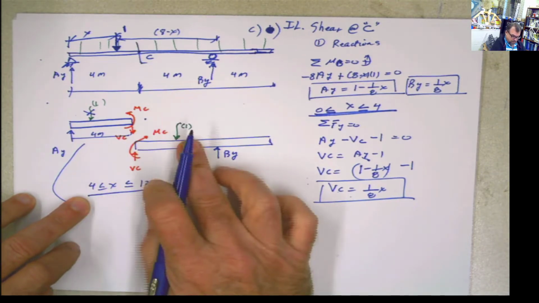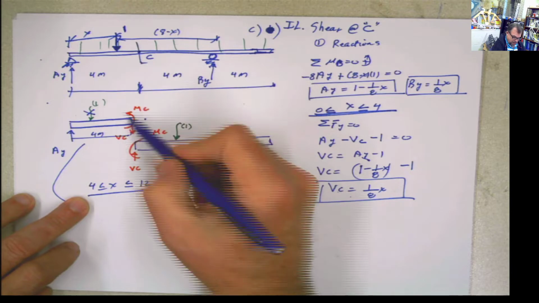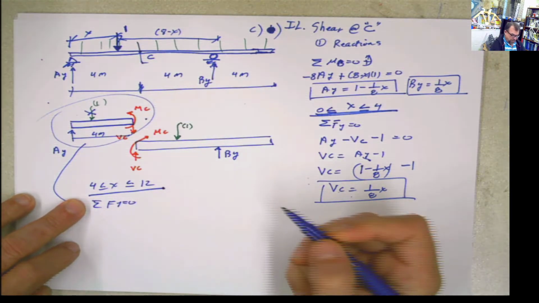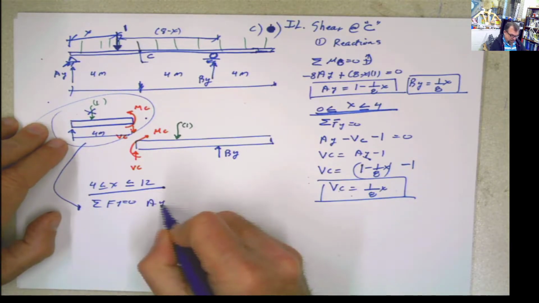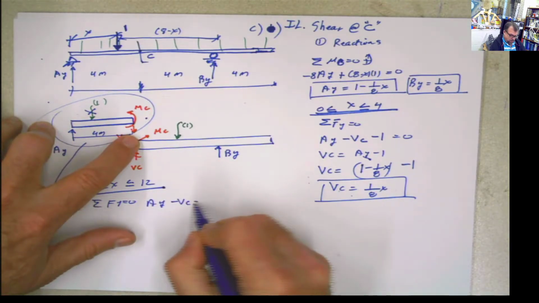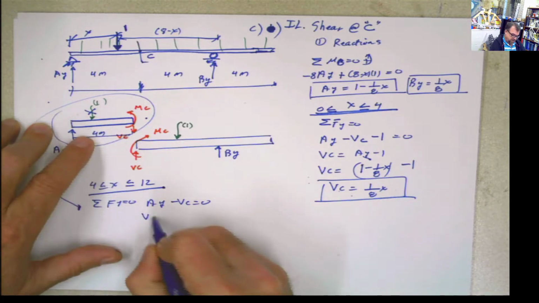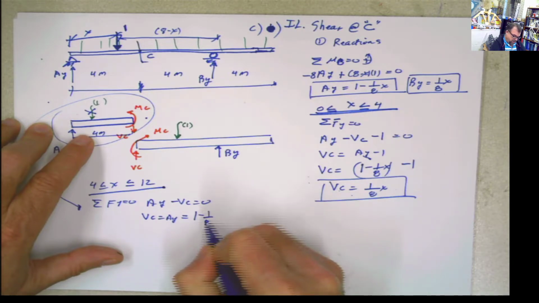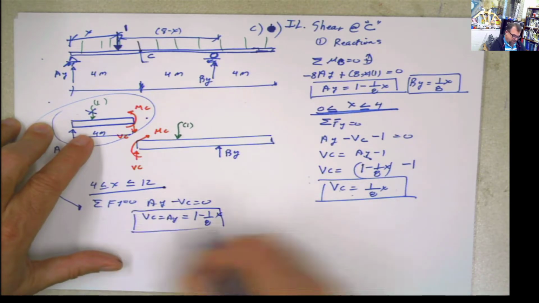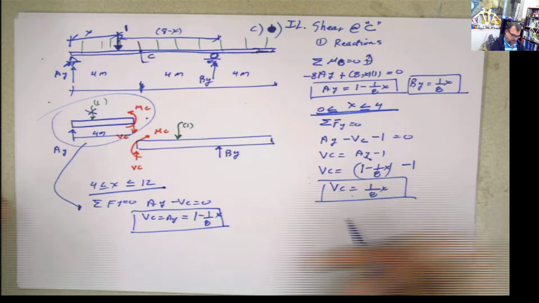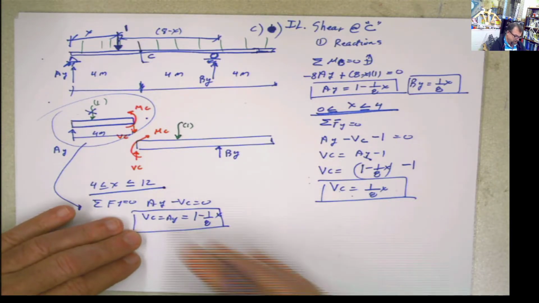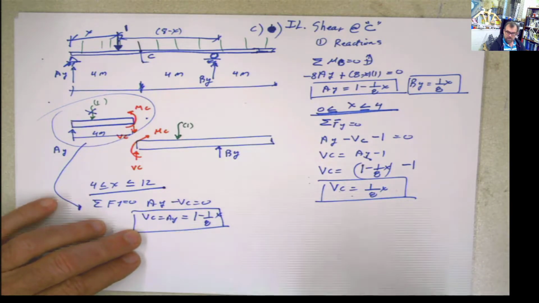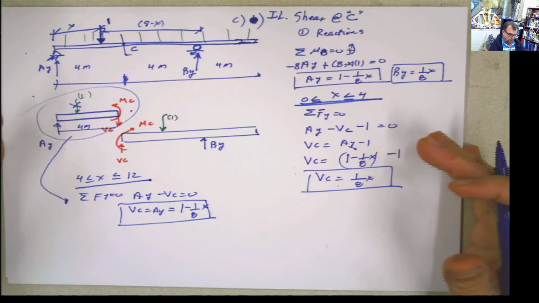But if the load is past that point, I can use this to do summation of forces in y equals 0, and say AY minus BC equals 0, and say BC equals AY equals 1 minus 1/8 of x. Why would any person in their sane mind not use this thing which is so easy to do? Now this is the correct, fast, smart approach.